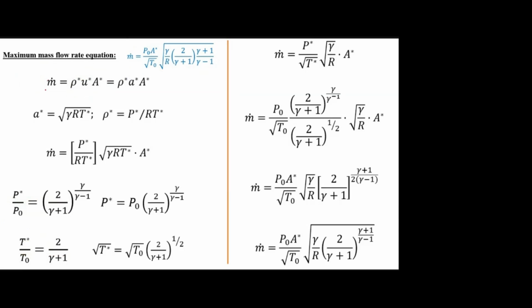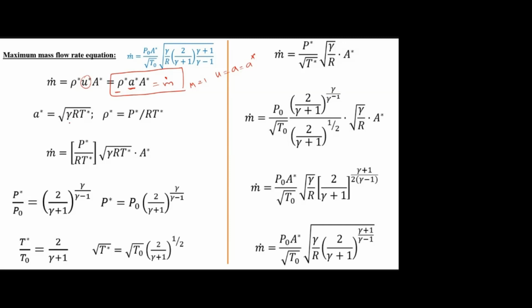So again they are starting with the continuity equation. M dot is equal to rho UA. We know at M equal to 1, U is equal to A, and we mention everything as star. So instead of U star, I am taking A star. Now in the final equation there is no rho and no A, so I have to convert both.